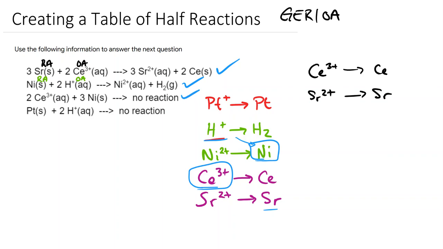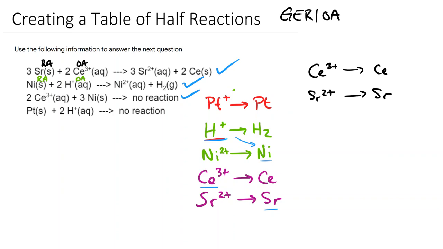That's uphill. Good. And the last one, platinum atoms, they're going to make a non-spontaneous reaction with anything else in this list, including hydrogen ions, right? Yeah, that's a non-spontaneous reaction. So hopefully this is a perfect table.